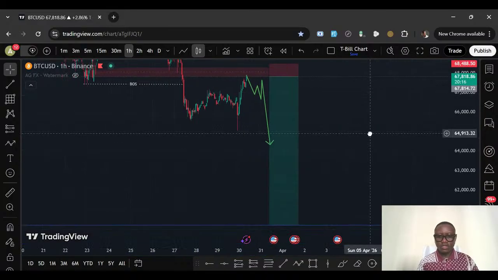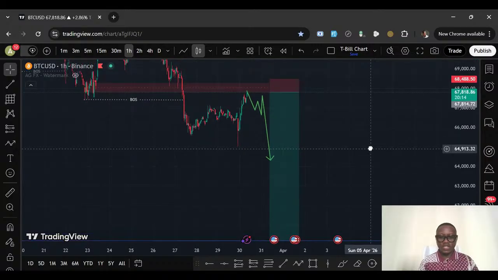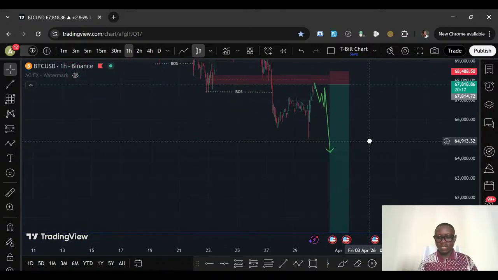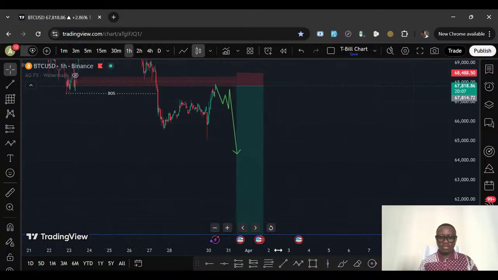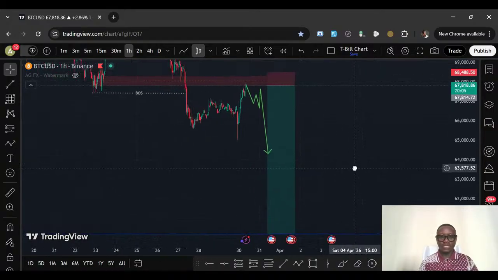So this is it for BTCUSD. Let's wait patiently for this setup to fully form so we can take our trade accordingly.